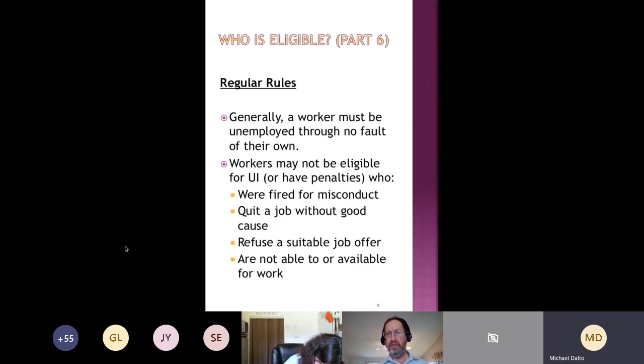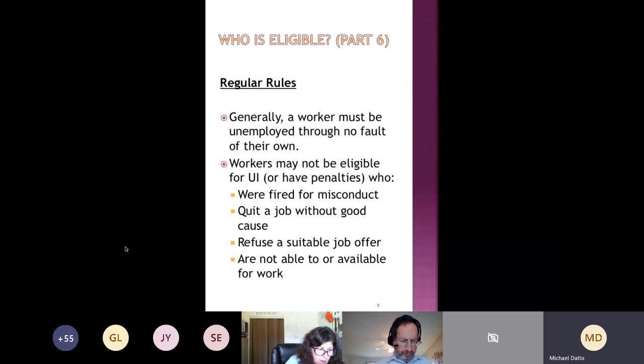If the worker has quit a job without good cause, the worker would need to show that they quit for good cause, however that's defined in their particular state, and usually the state agency that oversees unemployment insurance is the one that's going to make decisions about what constitutes misconduct or good cause.